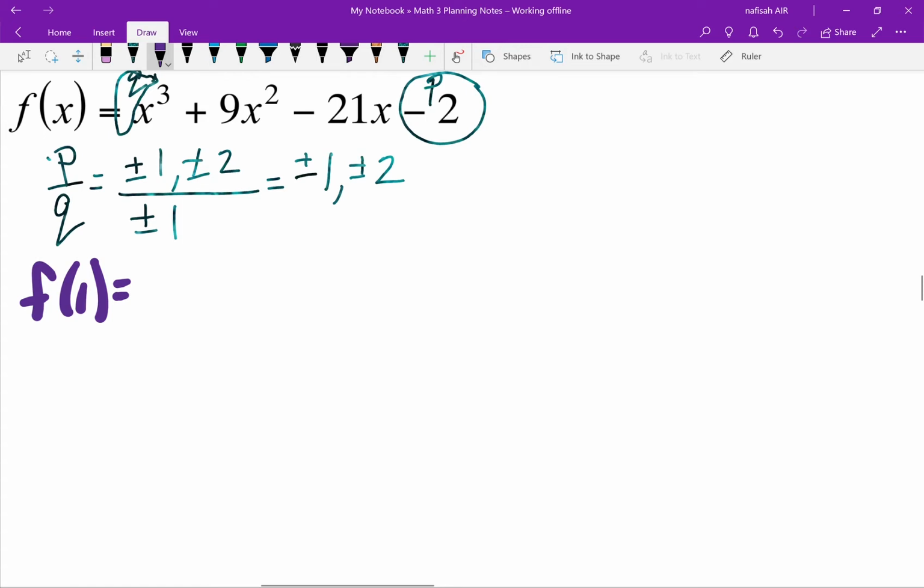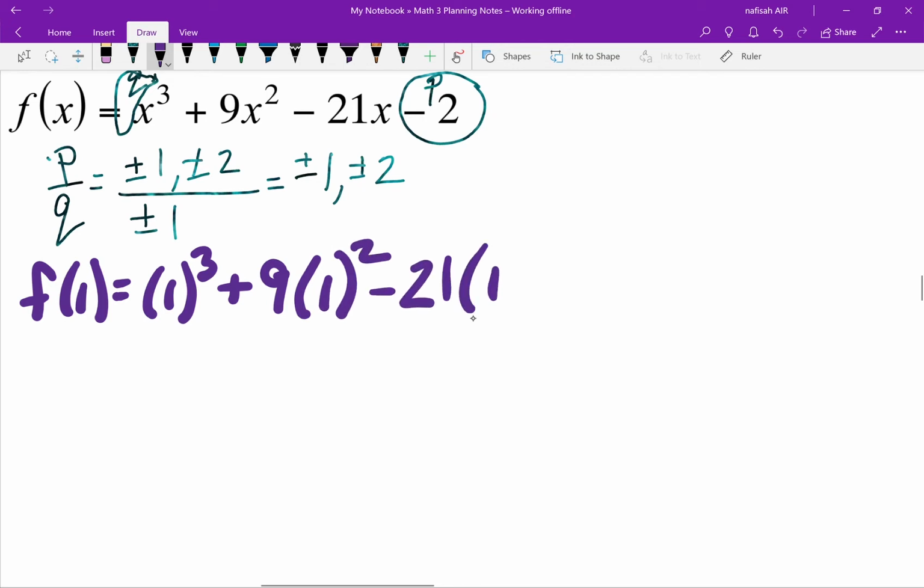F of 1 is one cubed, which is 1. 1 squared is 1.